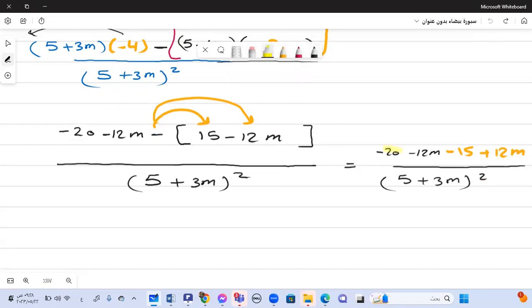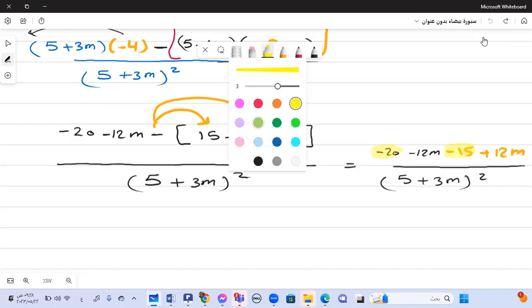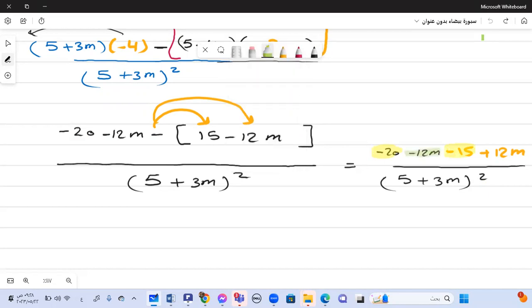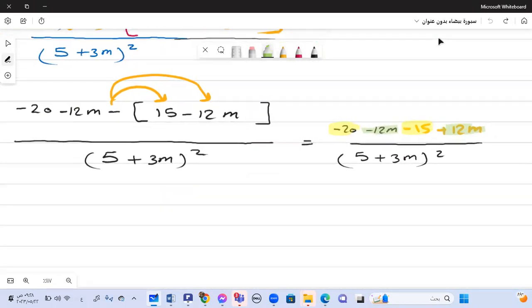Collect like terms: negative 20 and negative 15, and negative 12m with plus 12m cancel each other. So negative 20 and negative 15 will be negative 35, over 5 plus 3m squared. It is very important. Any problem? No.